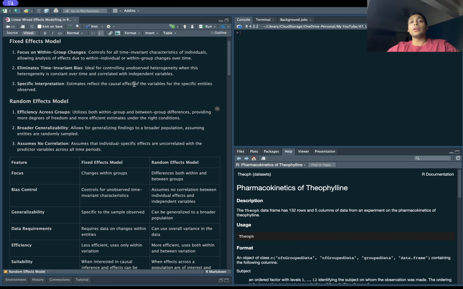Very simply put, random effects are those variables or effects which are the clustering effects. So suppose you are collecting data about certain trees in the entire world, a certain genus, a certain species of trees throughout the entire world, and you want to find out certain characteristics.